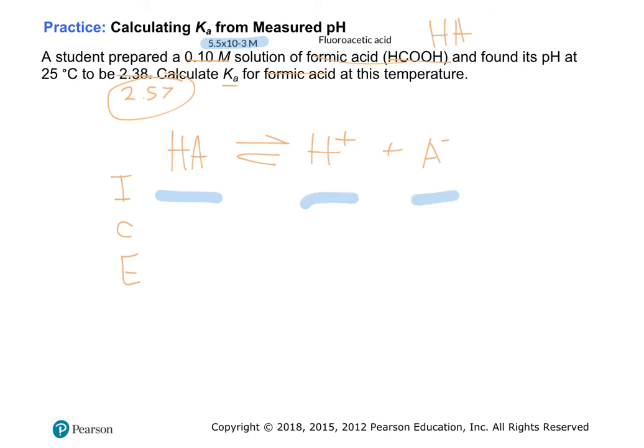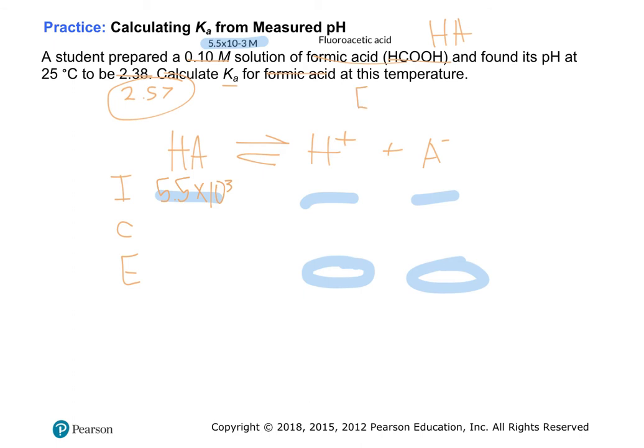And then we also can use the pH to find the equilibrium concentrations of our products here. So we're going to just plug in 5.5 times 10 to the negative third molar for our acid, and then we're going to use the pH.